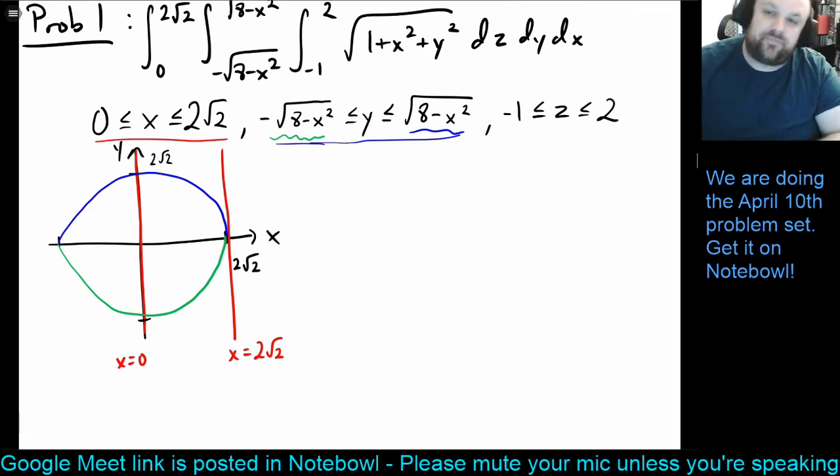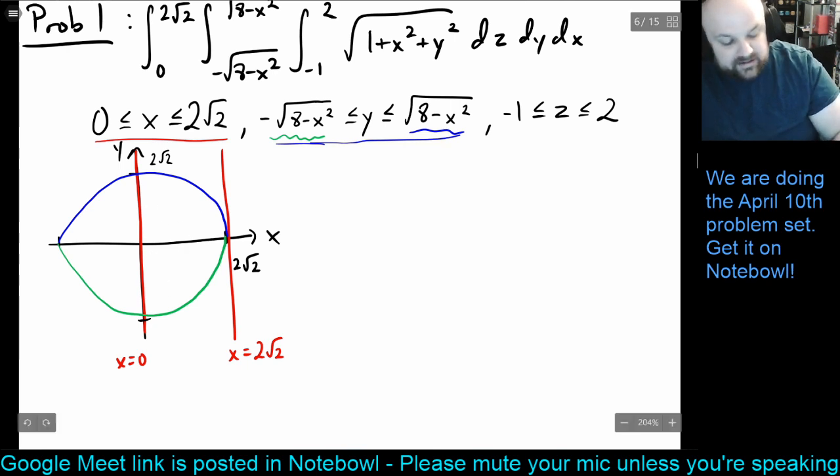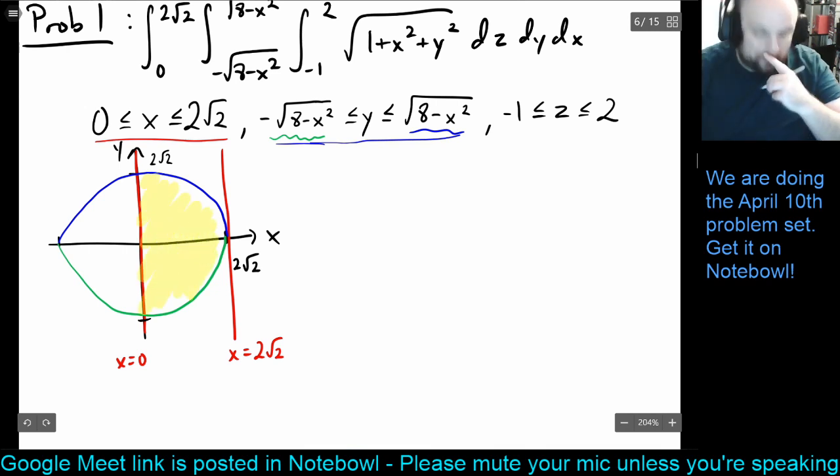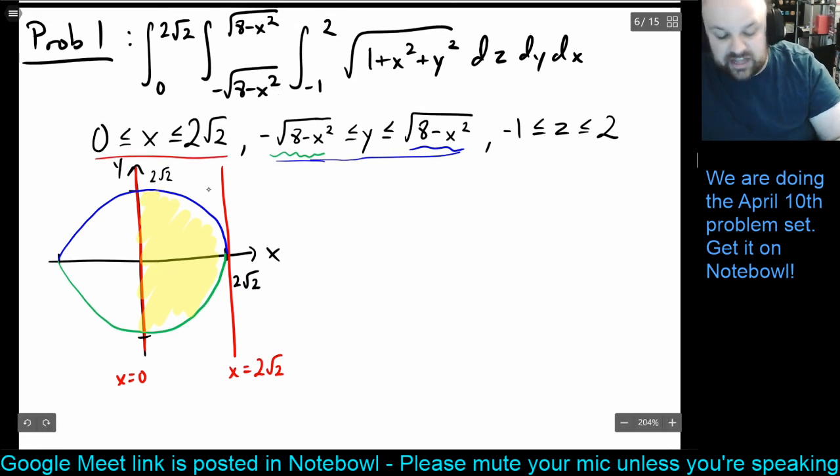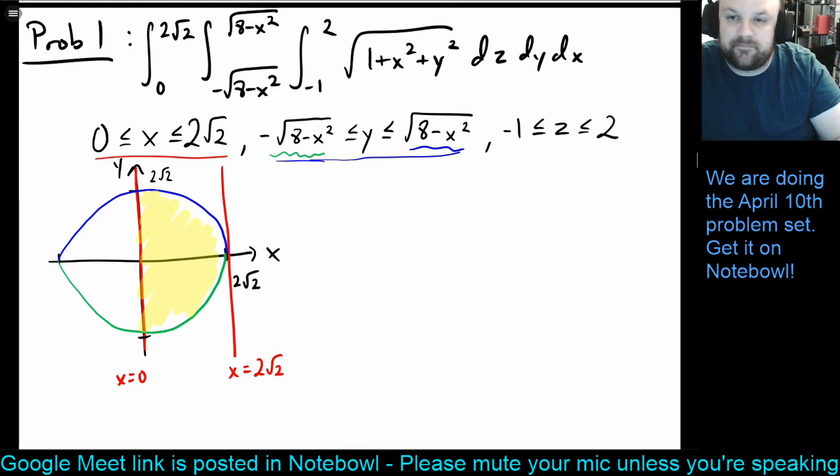If y is stuck between these two things, and x is stuck between these two red lines, we're looking at this semicircle here, this half circle. That's the region in the xy plane that we're integrating over. In other words, that's the shadow of the shape that this triple integral is being done over, the shadow of it in the xy plane.